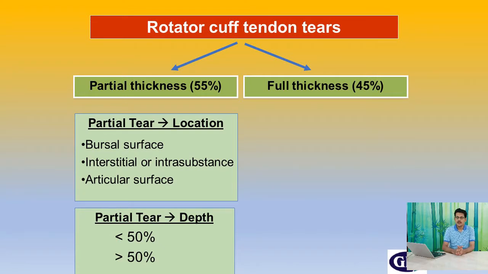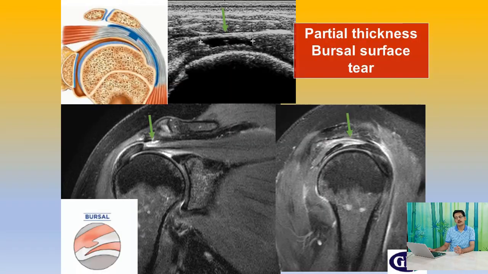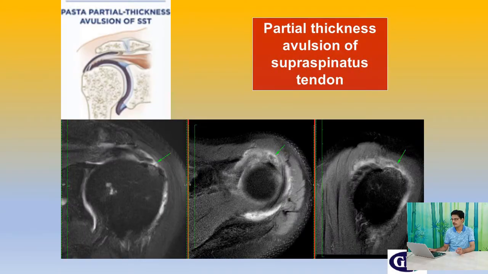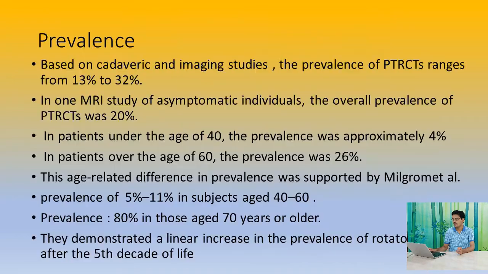And from a practical standpoint, if it is less than 50%, it is usually treated with debridement. If it is more than 50%, it is usually treated with repair. Now this is an MRI picture of a partial thickness bursal rotator cuff tear, and this is an MR picture of a partial thickness avulsion of a supraspinatus tendon.